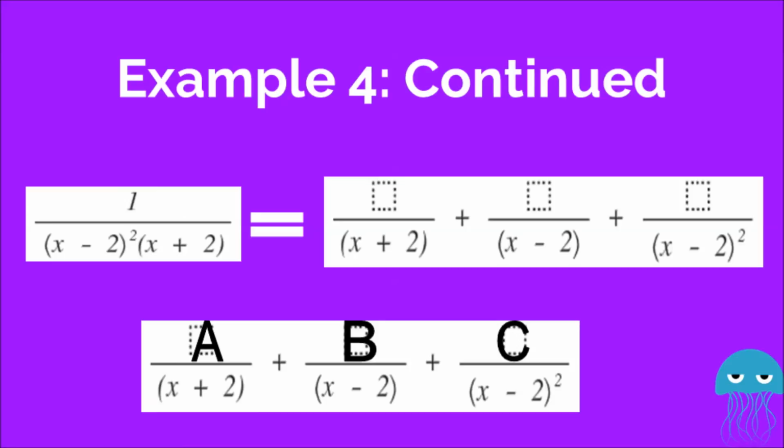Like we stated in the previous example, you must start with the base linear polynomial raised to the power of 1. In this situation, the 1 is not labeled since it does nothing. So, as you can see, we have a factor where there's nothing in the numerator, all divided by x minus 2. And we're going to add this to nothing in the numerator divided by x minus 2 squared.